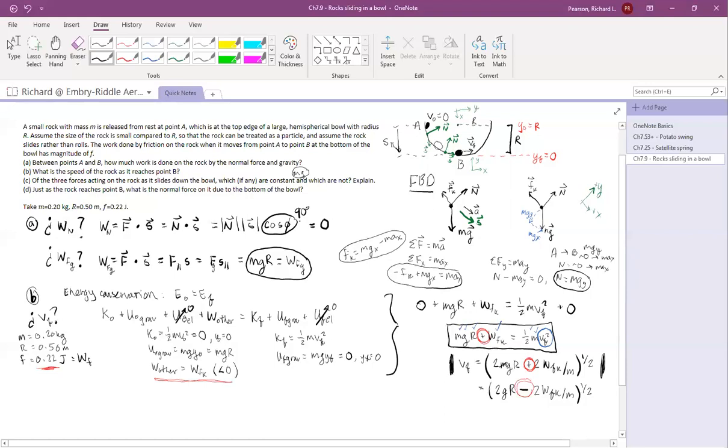We go over here and talk about our force of friction. If our mg x is going from some maximum value to some minimum value, which is the opposite of over here with our mg y, then that means that this is going to be changing, right? And our frictional force is also dependent on N. And if N is changing, then the frictional force is changing.